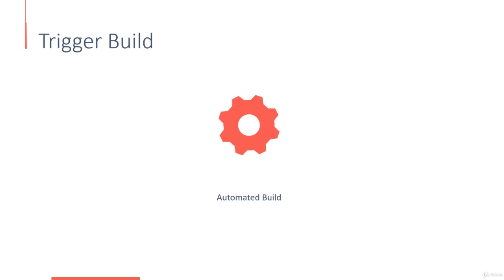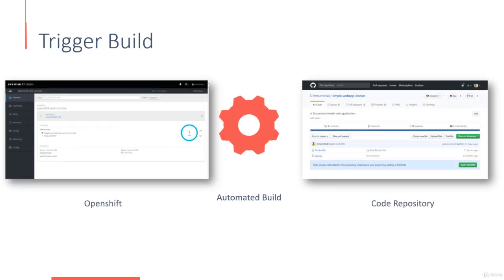For that to happen, OpenShift needs to know whenever a change is made to the code. So when a developer updates the code, the repository needs to send a message to OpenShift notifying it of the new events.